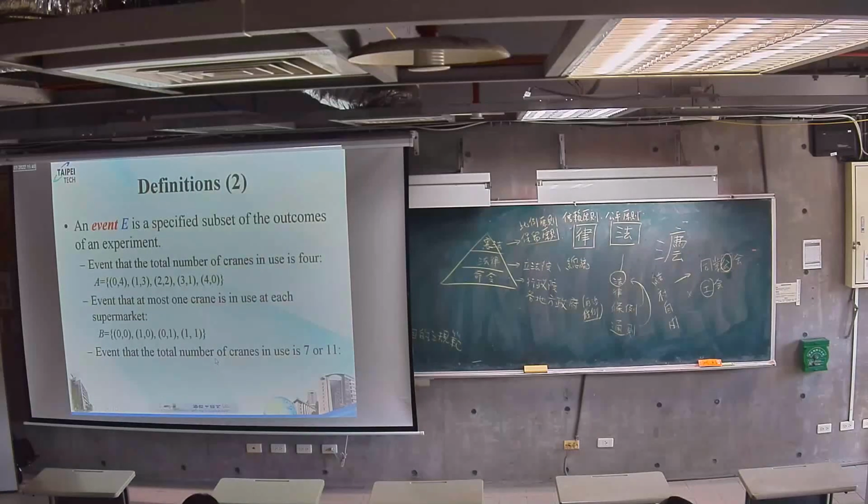Here it says that we would like to have the event that the total number of crayons in use is 7 or 11. So we consider the event that the total number of crayons in use is 7, and the event that the total number of crayons in use is 11, and we take the union of these 2.